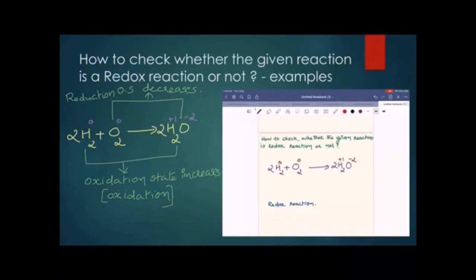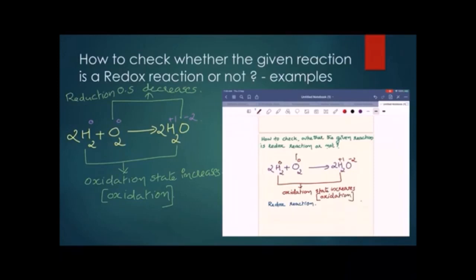Now you see, for hydrogen, what happens? Oxidation state increased. If the oxidation state increases for a species, then we can call that species undergoes oxidation.